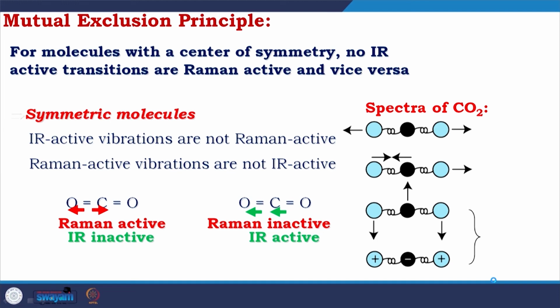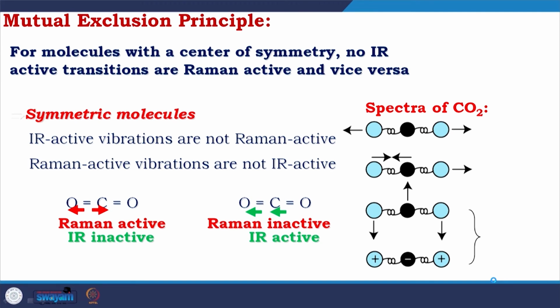If you see, when it goes in two directions, it is Raman active. When they are going in one direction, it is Raman inactive. When it is Raman active, it is IR inactive. When it is Raman inactive, it is IR active.